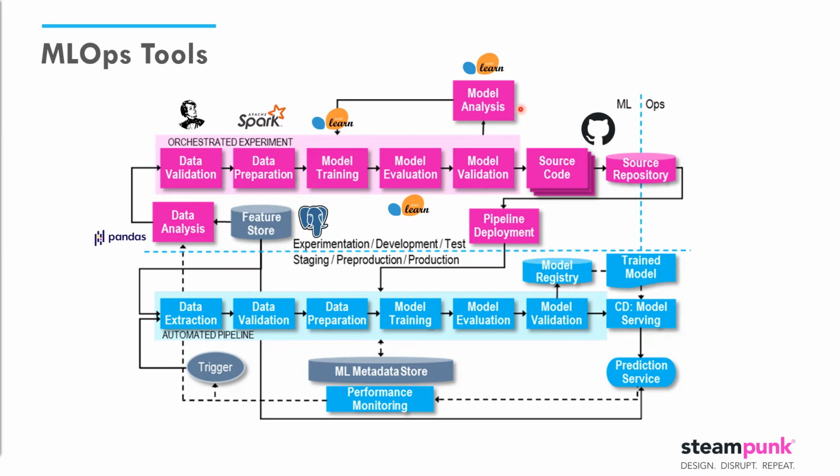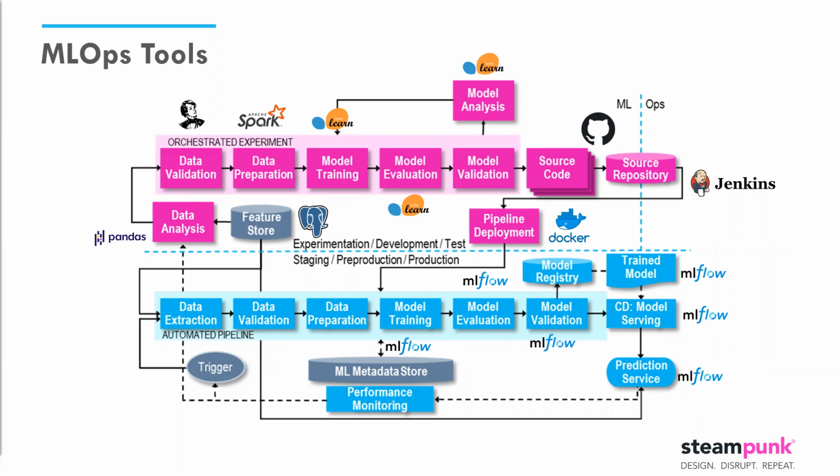We use GitHub at Steampunk as a source code repository for cloud hosting our code. We use Jenkins for continuous integration and continuous delivery. And we use Docker as well. We can deploy Docker containers containing these applications for use anywhere.